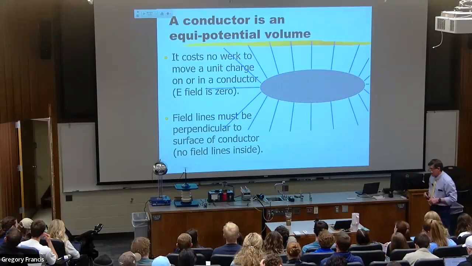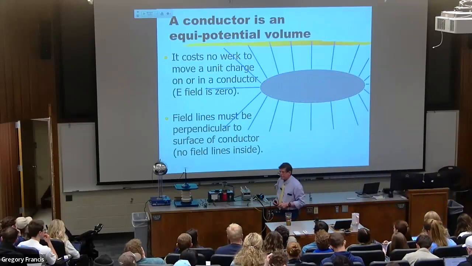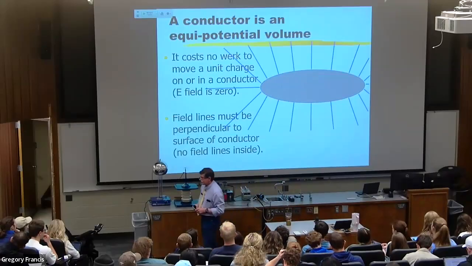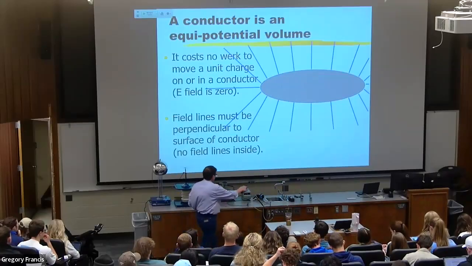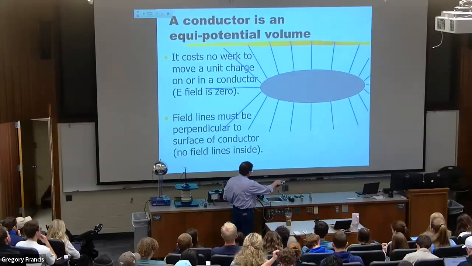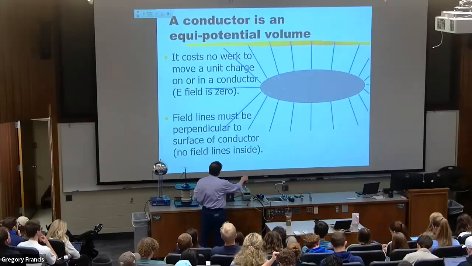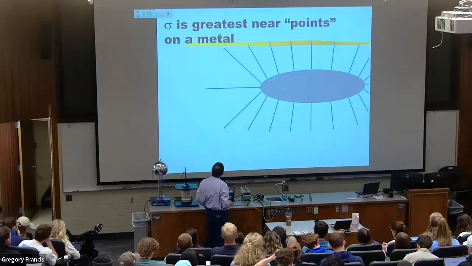And so the electric field lines have to be perpendicular to the surface. Now you'll notice that where I don't have very much curvature on the metal, my field lines are almost parallel. But where I've got a sharper point, a greater curvature, they spread out.